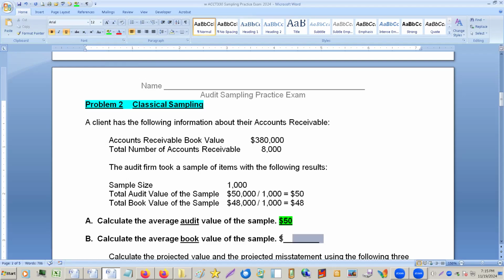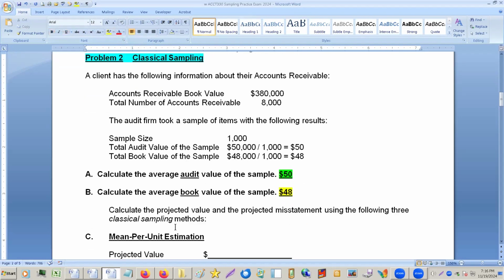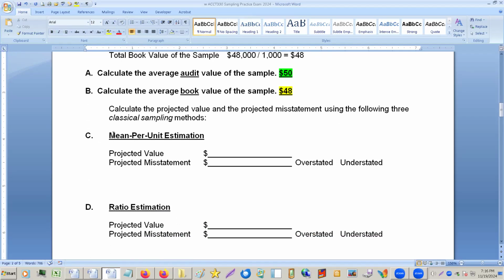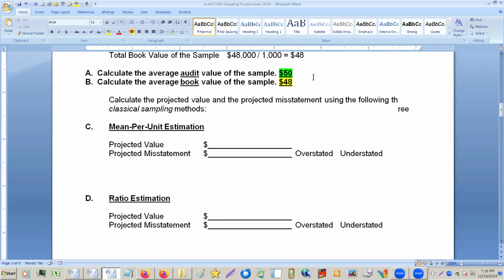And the book value, our average book value, is $48. Okay, mean per unit. Now, you should probably start to get to know these just by the names, because they pretty much give away what they are and how to do them. Mean per unit, mean is just the average. And which average do we take? The average audit or the average book?